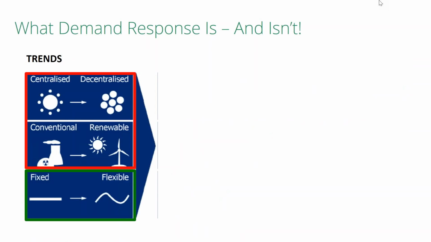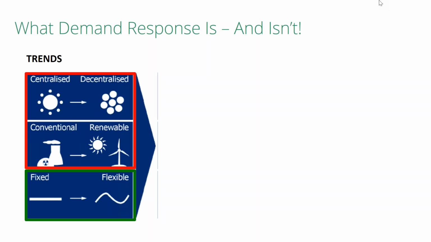Okay. So which are the trends that are explaining demand response? Okay, the change from centralized generation to decentralized, moving from conventional controllable generation to non-controllable renewable energy assets like solar or wind power, and moving from fixed or constant demand to automated demand.